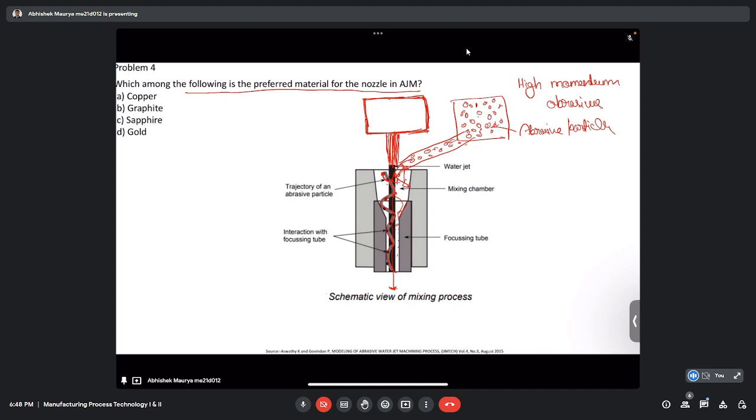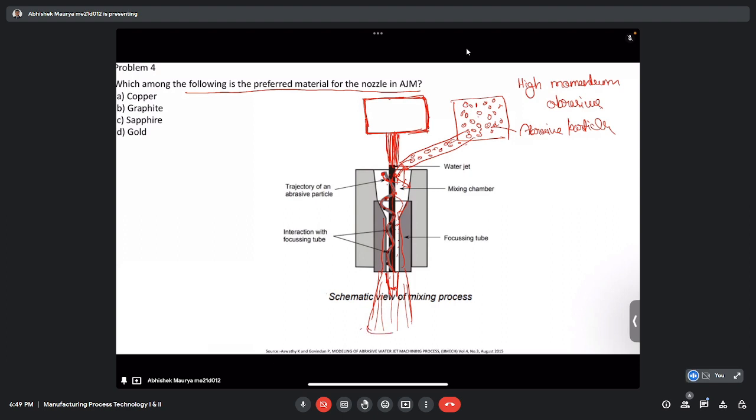If the nozzle wears, the water jet shape will change and we cannot get a focused water jet. If this geometry gets distorted, then the water jet will diverge. And if it diverges, we will not get a good surface finish, and the material removal rate will decrease. And we cannot get very fine cuts.